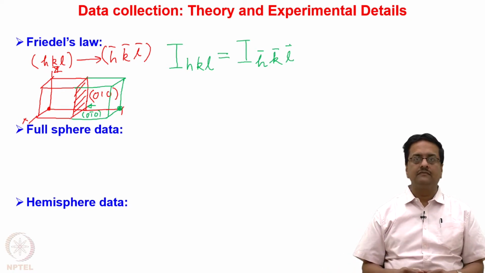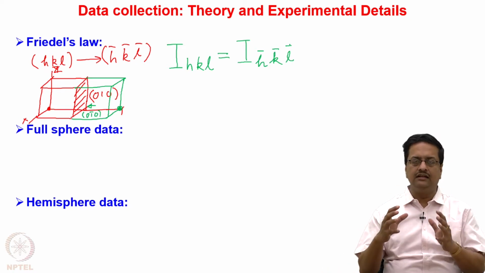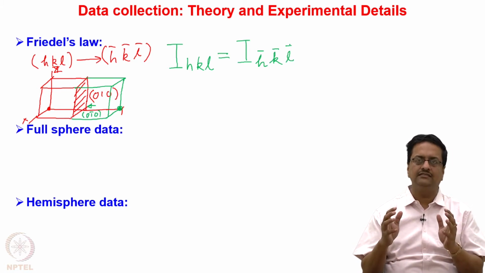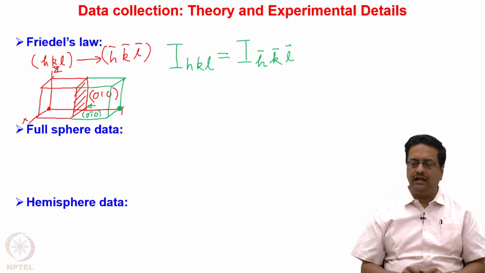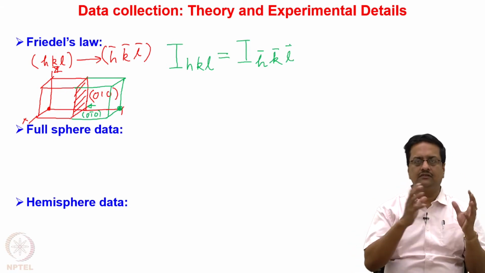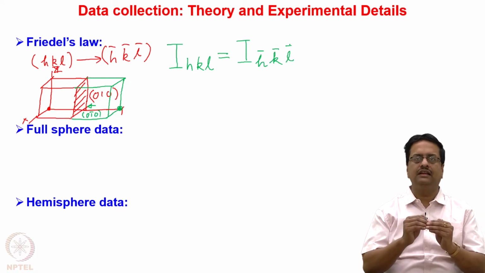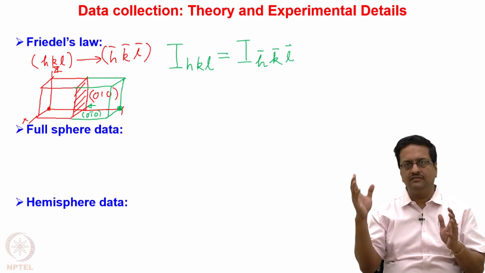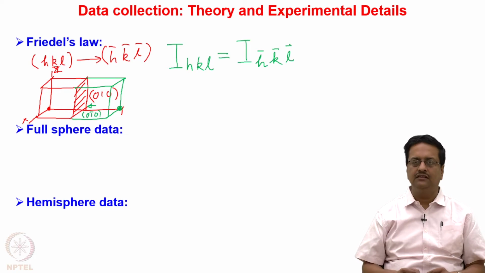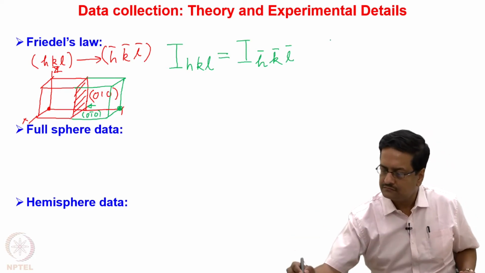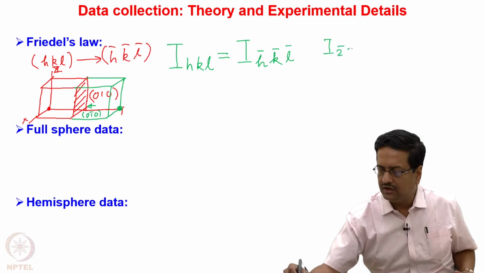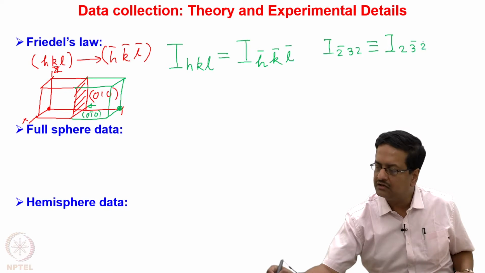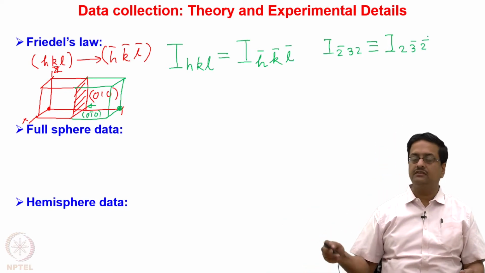Which means in case of a particular crystal where we have a reciprocal lattice, it forms a sphere, and that sphere has a large number of reflections, but half of them represent the other half because every HKL has its equivalent reflection H bar, K bar, L bar. So any reflection, suppose I 2 bar 3 2, is the same as I 2 3 bar 2 bar.